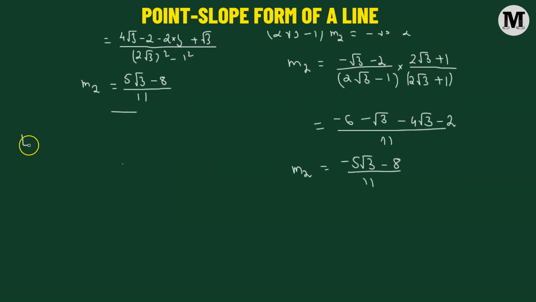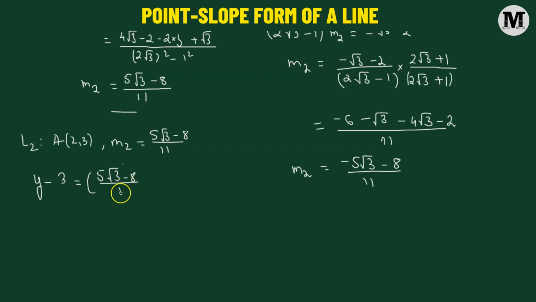So for line L2 which passes through the point A (2, 3), we will consider the first slope, 5 times square root of 3 minus 8 over 11. So we get y minus y1. So y1 here is 3. That will be equal to the slope, 5 times square root of 3 minus 8 over 11, whole multiplied to x minus x1.